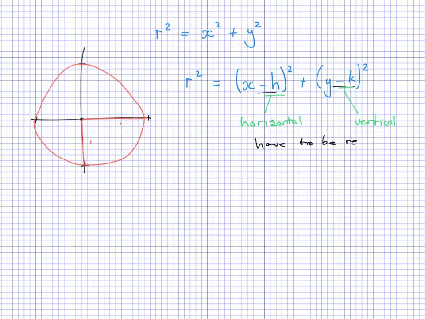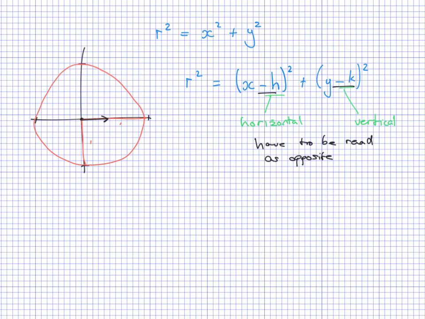So if the graph had been moved 2 units to the right horizontally, this would be read as -2. So it would look like x minus 2 squared. This would be read as 2 units to the right because that negative sign is embedded into the equation. I'll just erase that for now, and we'll have a look at a couple of examples.